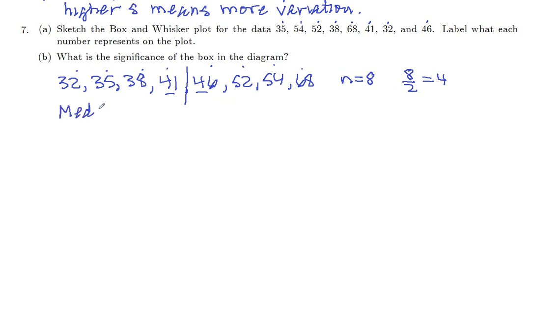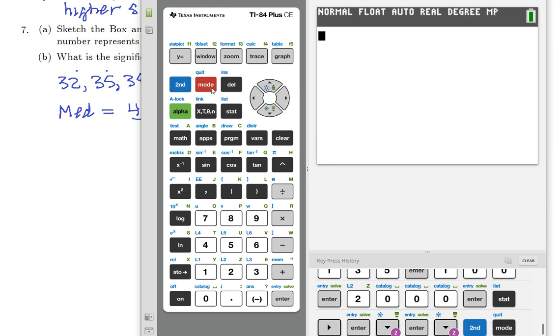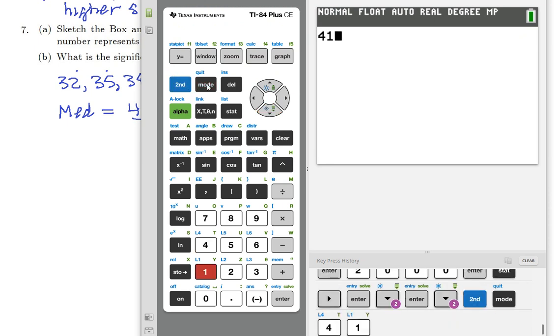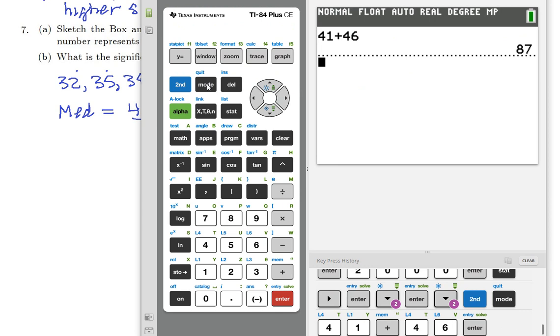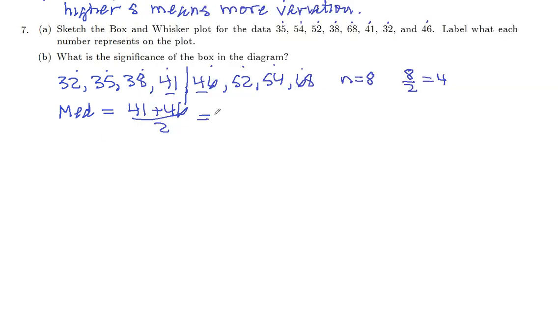So our median is going to equal 41 plus 46, divided by 2. So let's compute that real quick. So 41 plus 46 is 87, divided by 2, 43.5.